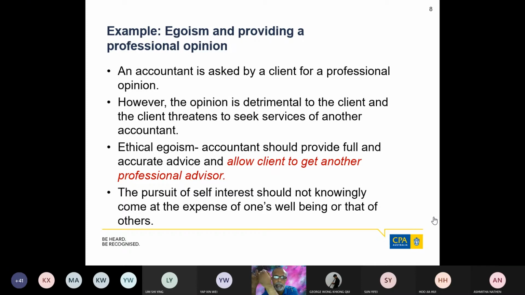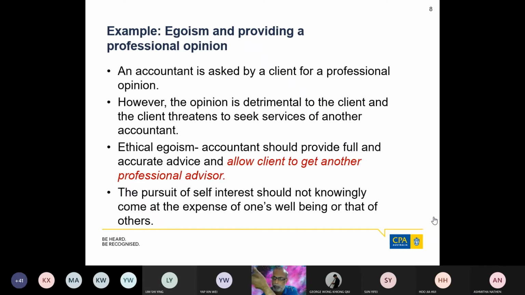So if you are following this concept called ethical egoism, so you as an accountant or as an auditor should provide full and accurate advice, regardless of the outcome. Even if the client says that, okay, if this is what you are saying to me, I'm going to take my business elsewhere, I'm going to take my business to another accountant, another auditor, because you refuse to do what I'm asking you to do.